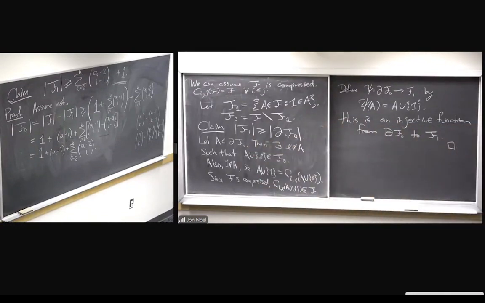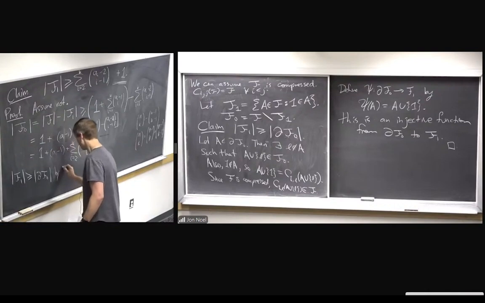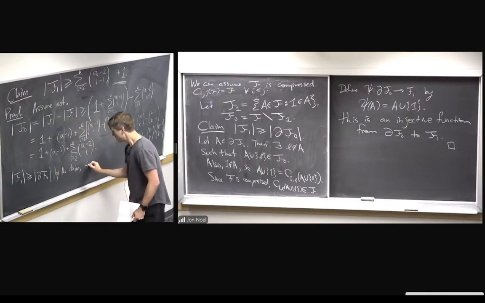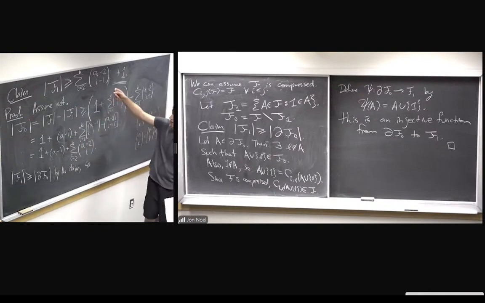So the size of F1 is at least the size of the shadow of F0 by the claim. The last thing to do is to show that the shadow has size at least this, and then we'll be done.